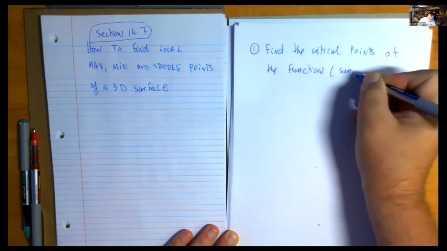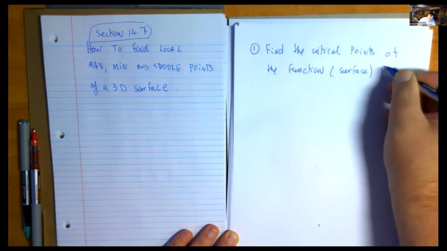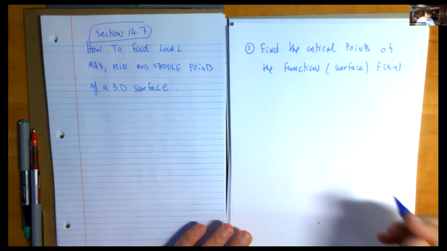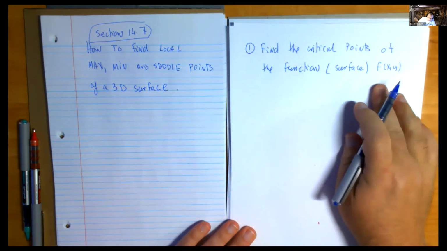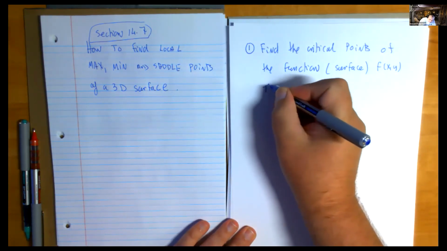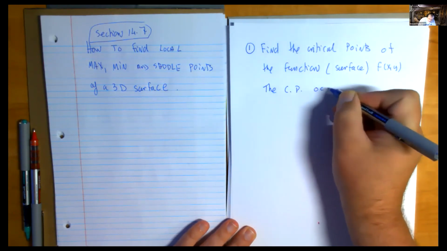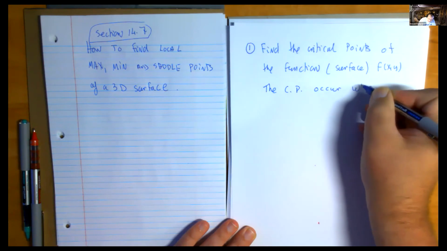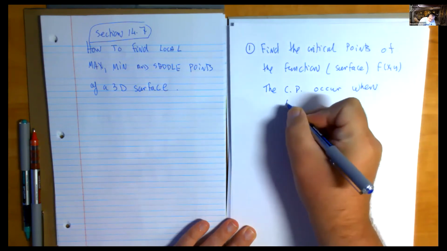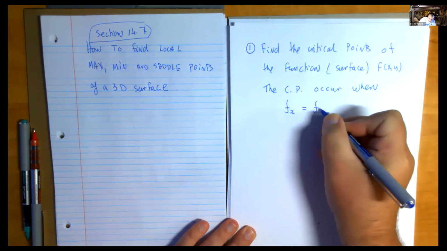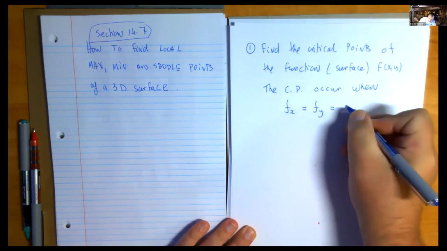Basically, it's a surface, f of x y. Now, how do you find the critical points? The critical points occur when the partial derivative with respect to x and the partial derivative with respect to y are both equal to 0.